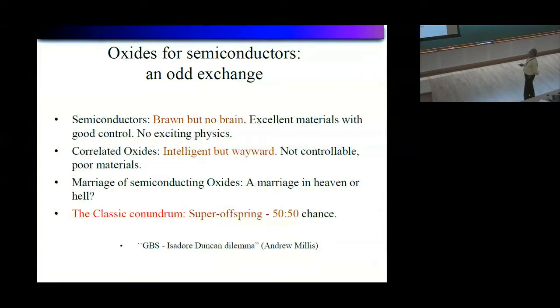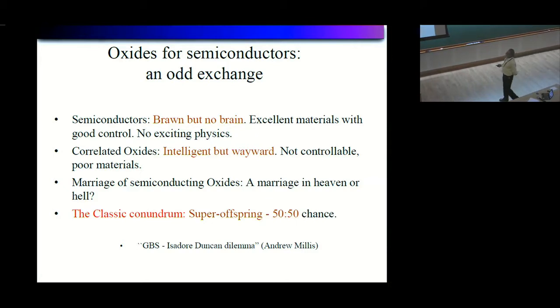The whole notion here is that you are trying to replace the well-known semiconductors, which have served us as electronic materials for so many years, by oxide interfaces if possible. But this is an odd exchange, because semiconductors have brawn but no brain, and I hope there is no electronics person here. They are excellent materials with good control over the materials, but there's no exciting physics. Then there are correlated oxides.